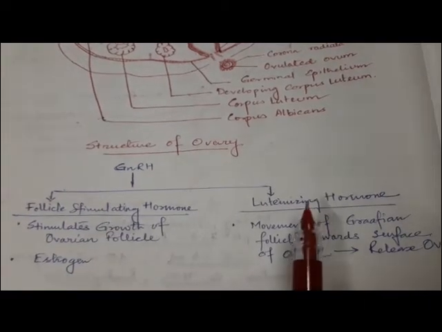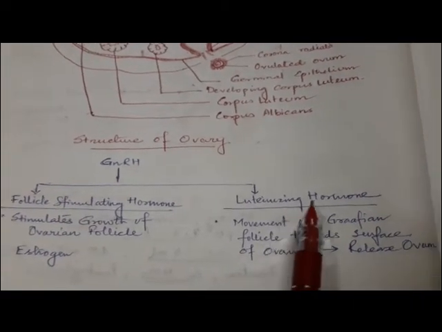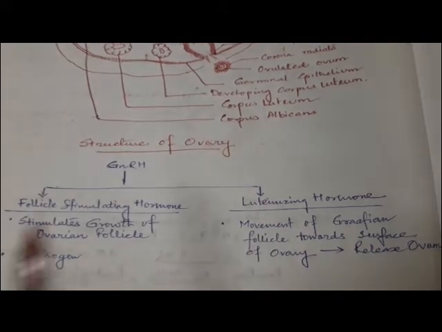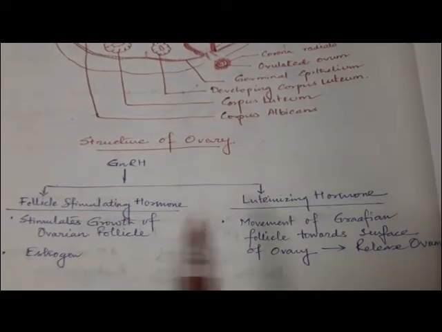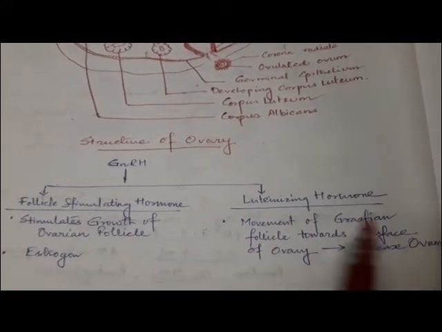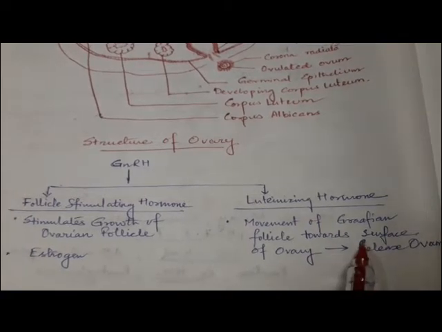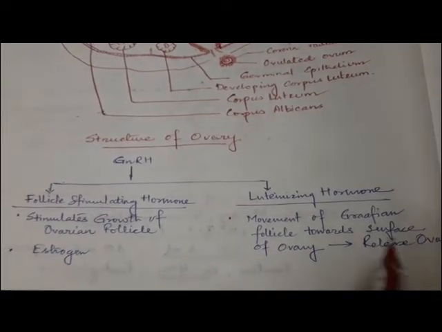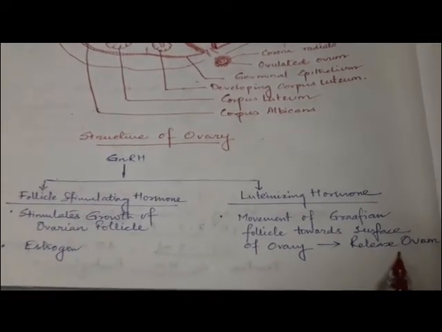Now I come to the other part of this secretion, luteinizing hormone. Luteinizing hormone along with estrogen helps in the maturation of the Graafian follicle, and then this Graafian follicle moves towards the surface of the ovary, and finally it releases the ovum, right?